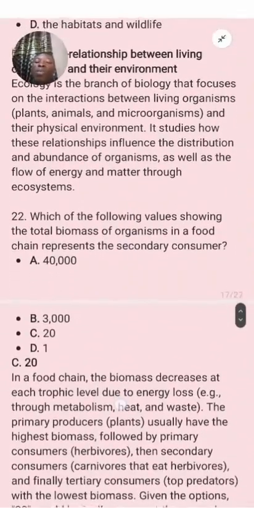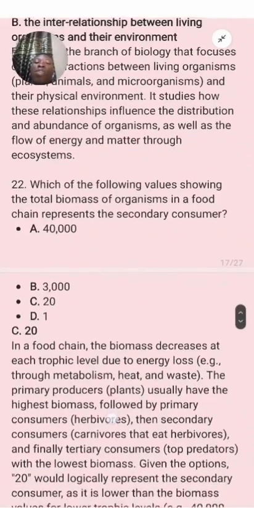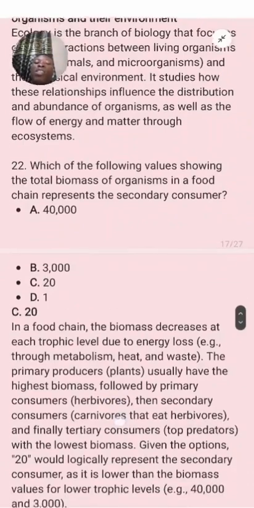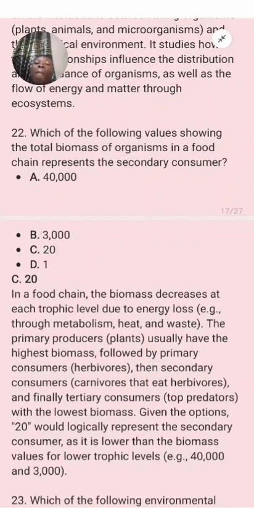22. Which of the following values showing the total biomass of organisms in a food chain represents the secondary consumer? Now let's quickly talk about this. We have producer, we have primary consumer, we have secondary consumer. In that level, the producers are very many in the ecosystem.